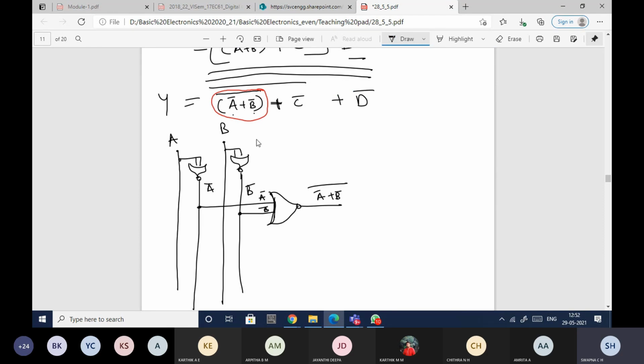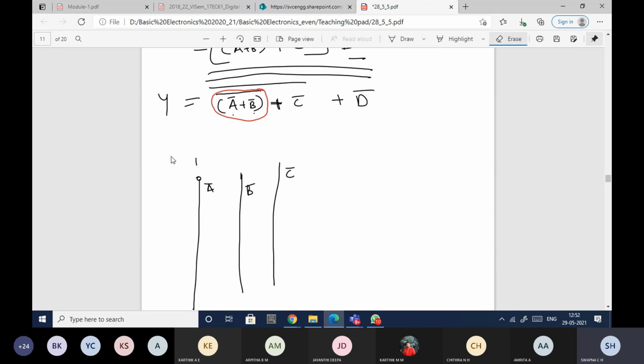So C bar, oh, one second, let me take C bar, D bar also and then do this. Anyway, I need only C bar, so I will take C here. Okay. C bar, D. Everywhere I need A bar, B bar, C bar, D bar only. So I'll just take only four lines where I'll get A bar.